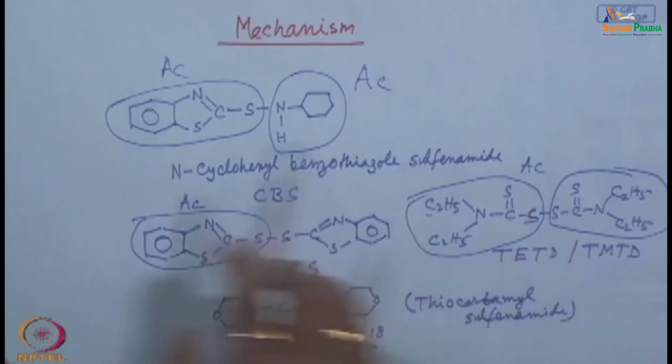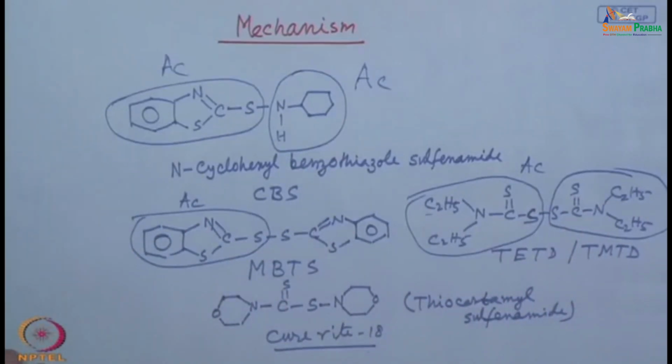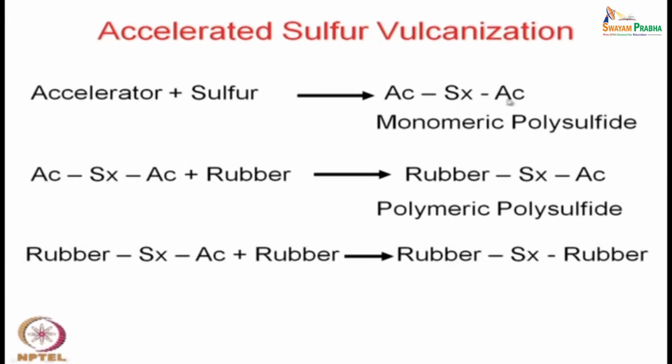So, this AC accelerator reacts with sulfur forming AC-Sx-AC, known as monomeric polysulfide. This monomeric polysulfide, the sulfurated accelerator complex, is attached to rubber forming a polymeric polysulfide. And when this polymeric polysulfide containing the sulfur and accelerator fragment interacts with rubber, that forms a cross link bond Sx, rubber to rubber.